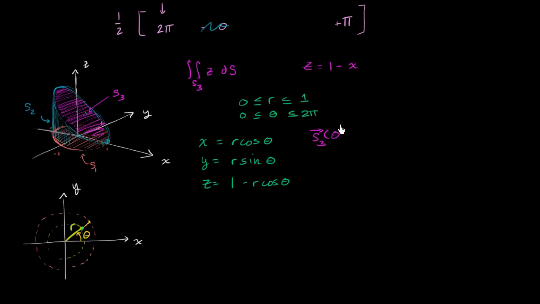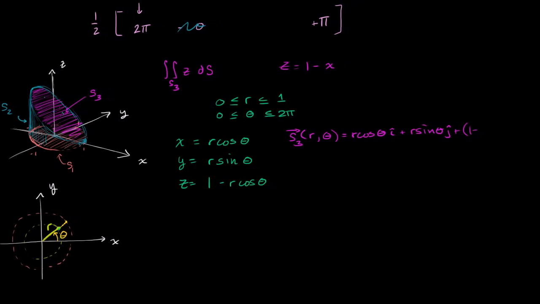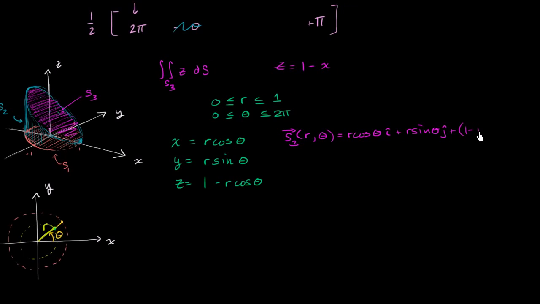Maybe I'll write r and theta, that's how I think of things. S3 of r and theta is going to be equal to r cosine theta i plus r sine of theta j plus 1 minus r cosine of theta k.